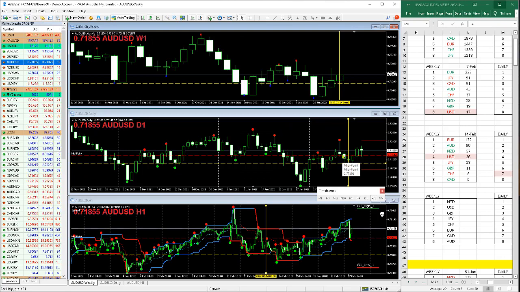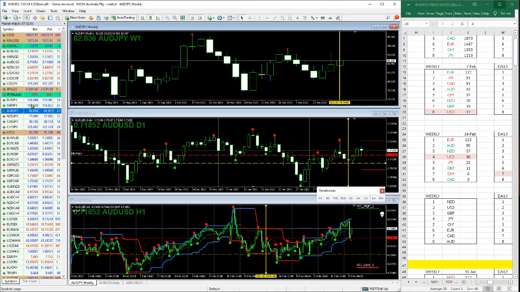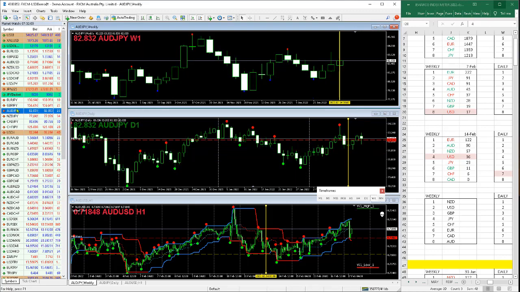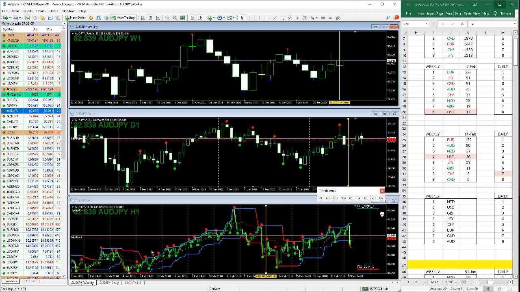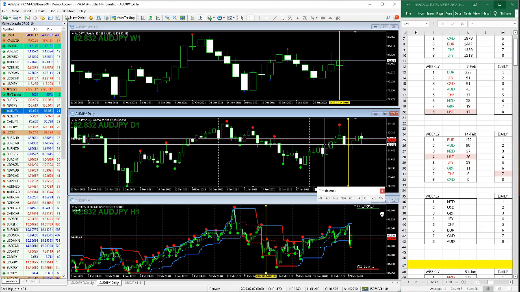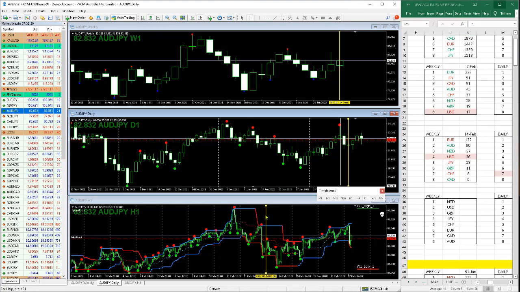Now Australian yen was another one that just got put on standby as it was sort of running over there. I was not too sure really with Australian yen, but it looks to me that it did the same scenario.